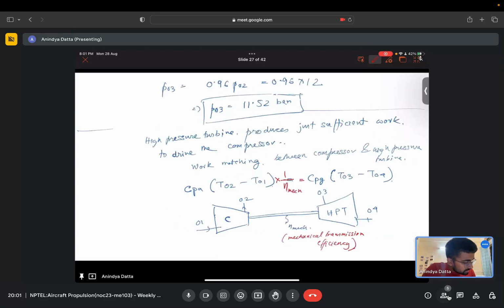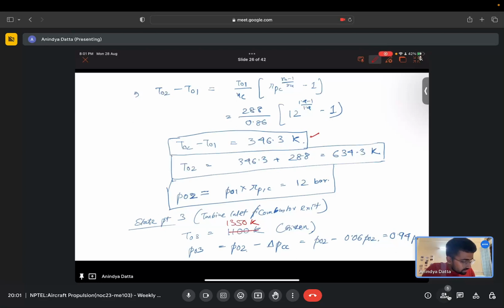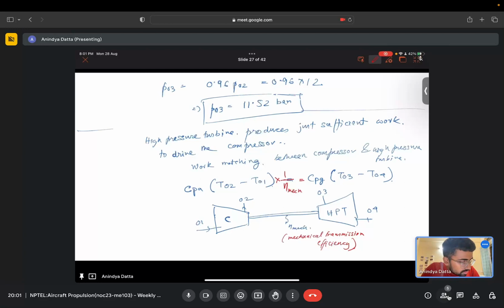Did I make some mistake here? Just a second, let me go back. Okay, yeah, here it was 0.94 P02, so this should have been 11.28 bar. Sorry for this mistake. P03 was 11.28 bar.